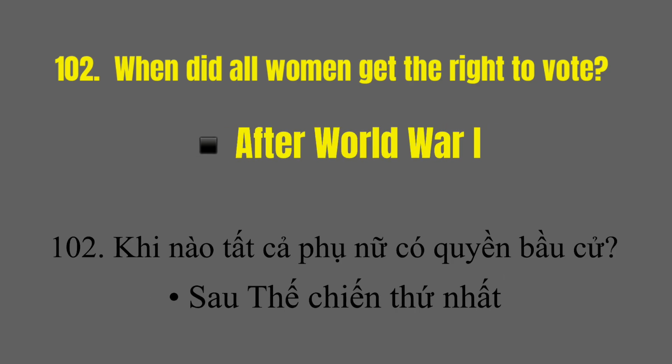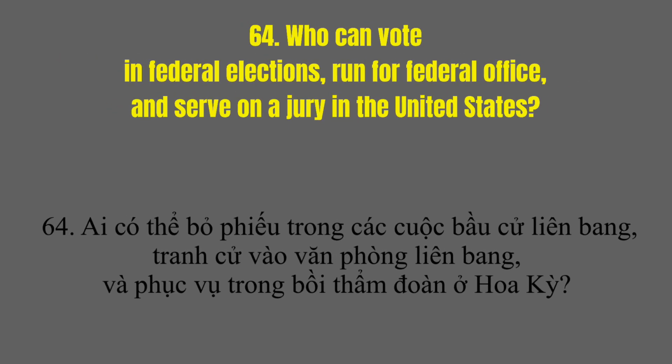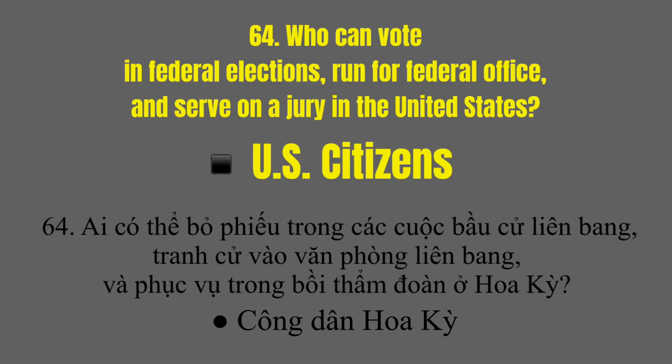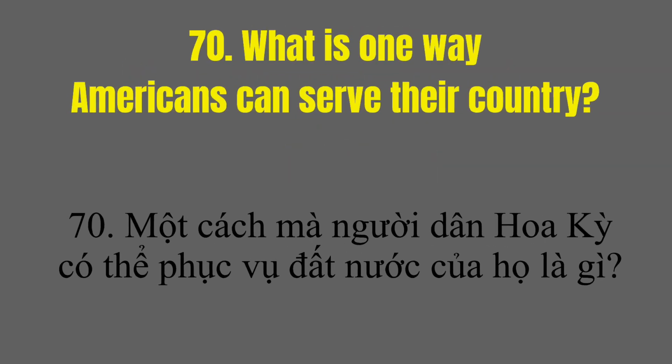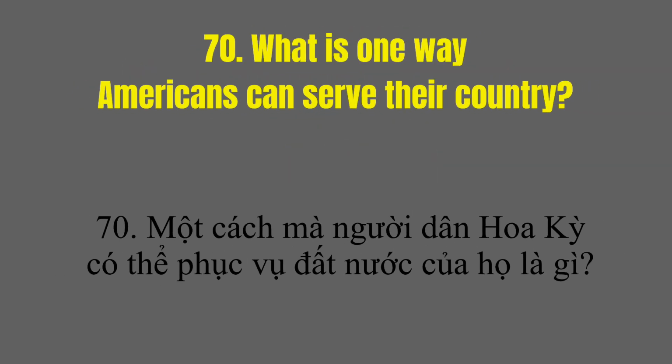After World War I. Who can vote in federal elections, run for federal office, and serve on a jury in the United States? U.S. citizens. What is one way Americans can serve their country? Vote.